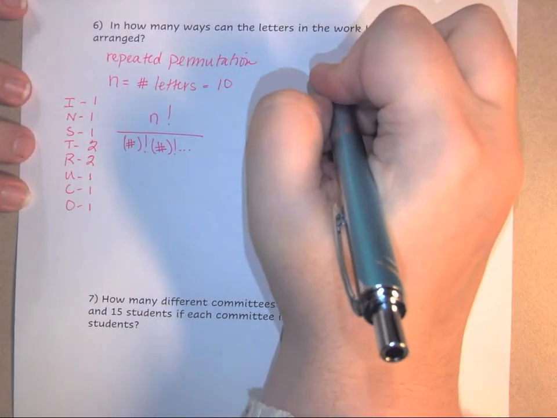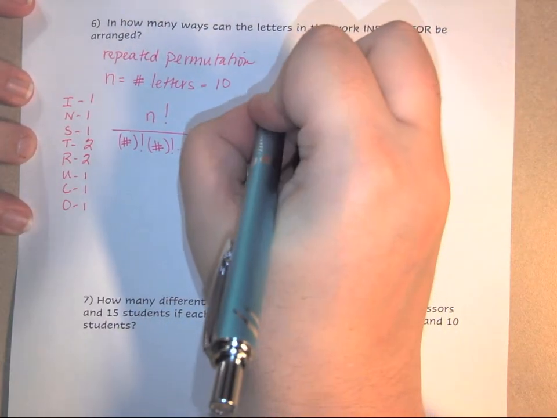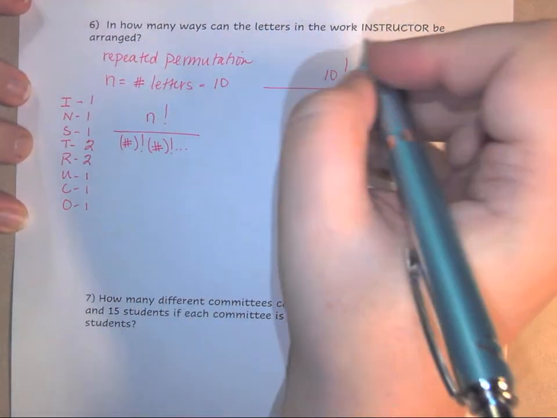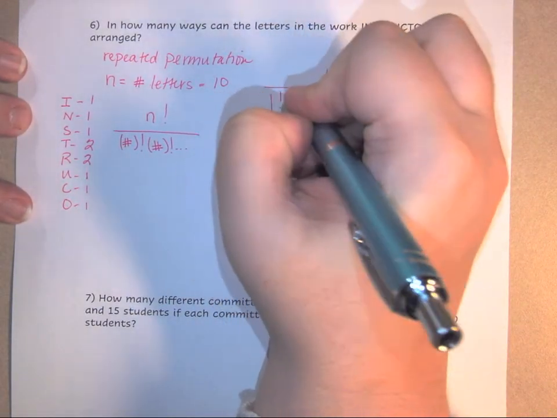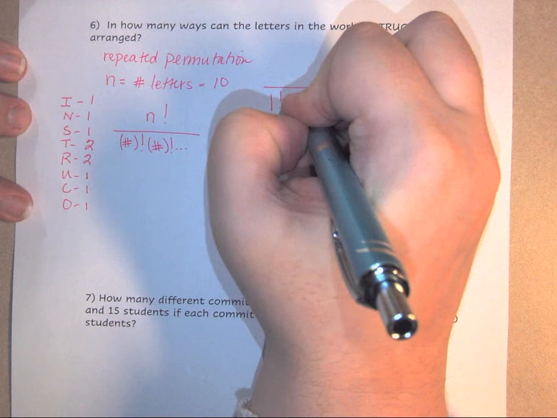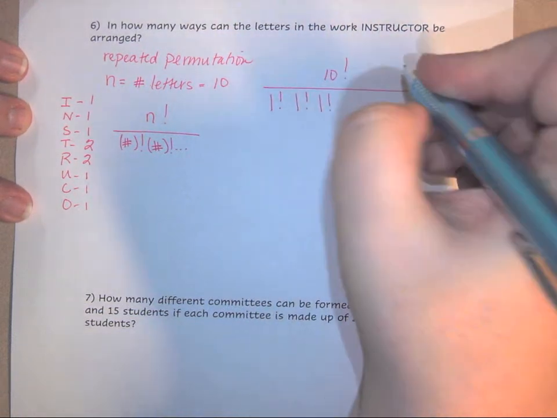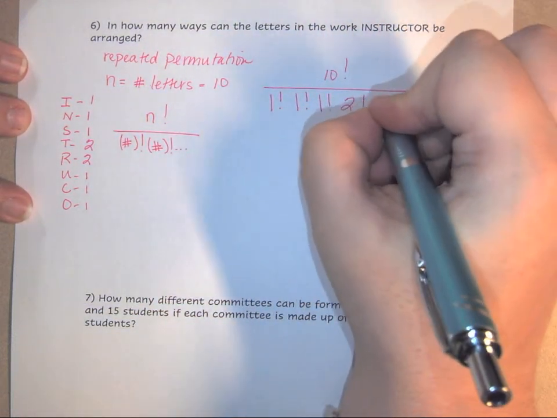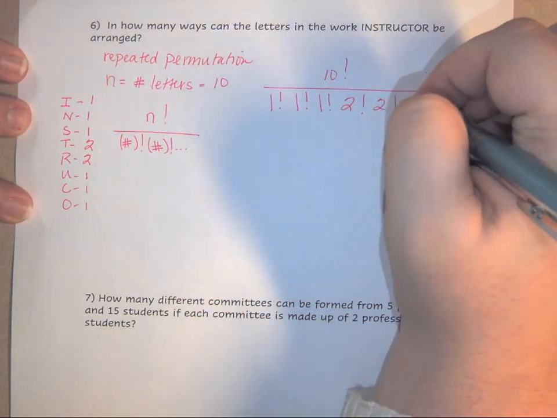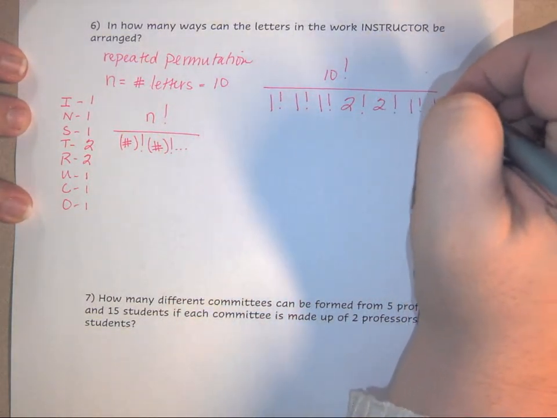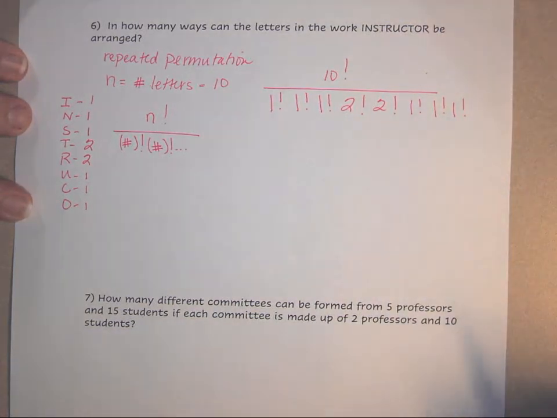So in this case, I'm going to have 10 factorial on the top, and then I'm going to list them out: 1 factorial times 1 factorial times 1 factorial, with a 2 factorial, a 2 factorial, and then 1 factorial, 1 factorial, 1 factorial.